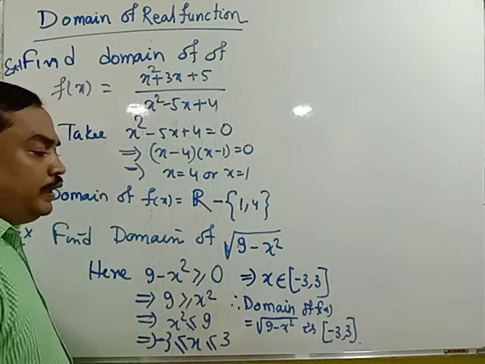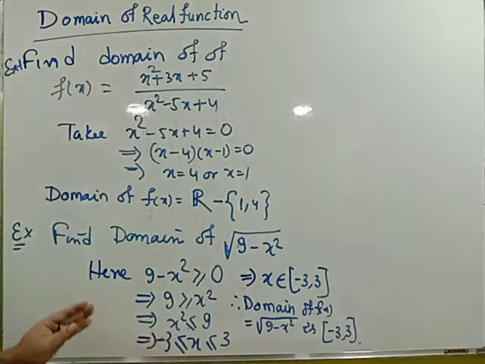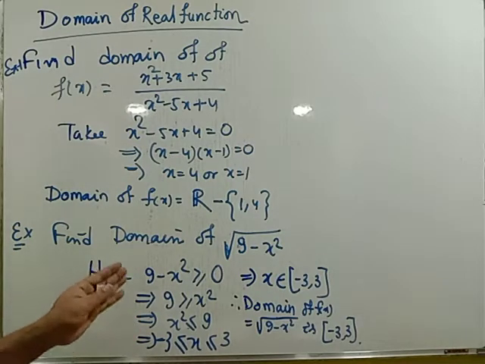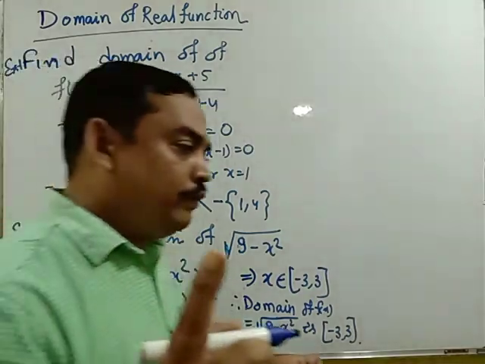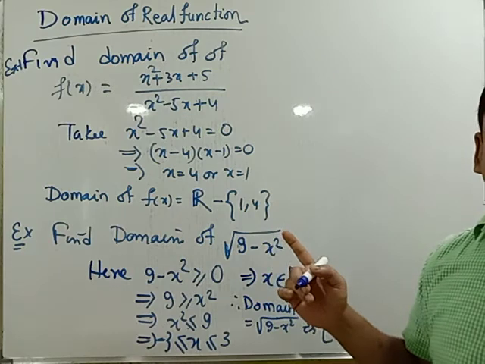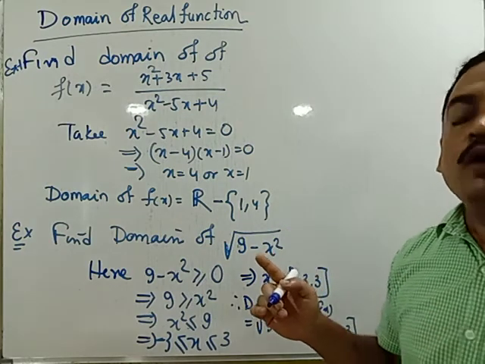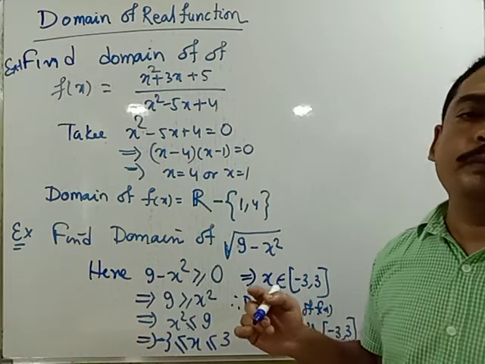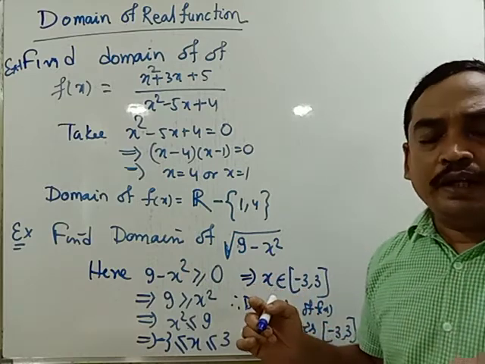So this way you will find the domain of the function. Make a note, and similarly you can solve. You have to remember that a polynomial function exists for all real numbers. Also, in our next class we will discuss more types of real functions.